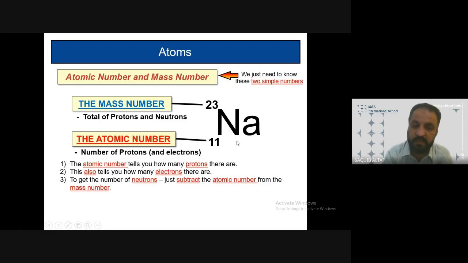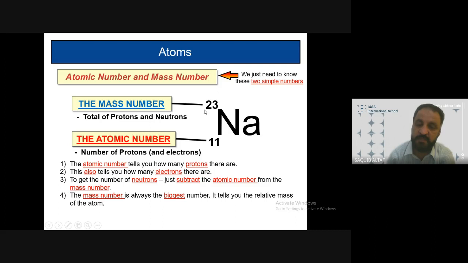Mass number is always the biggest number, here 23, and it is roughly double the atomic number: 11 doubled is 22, so almost double.